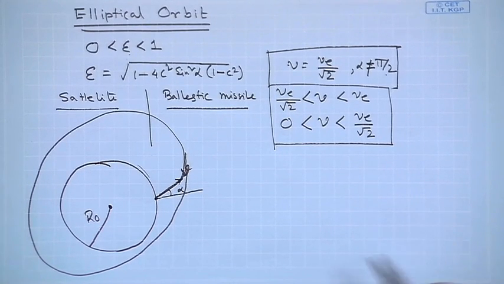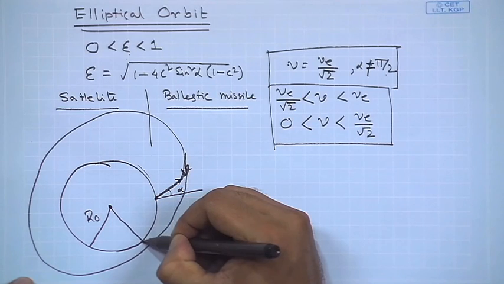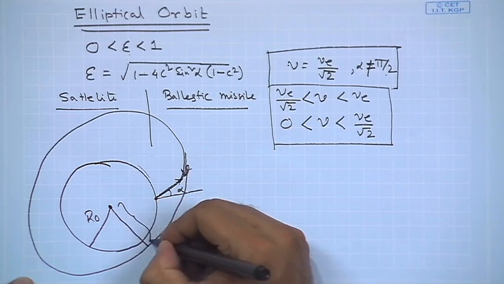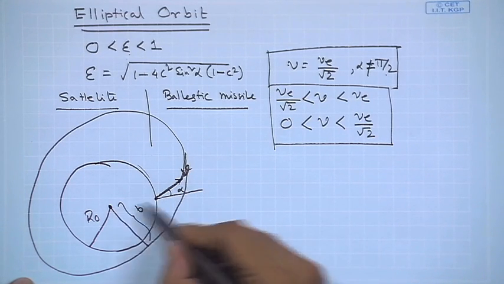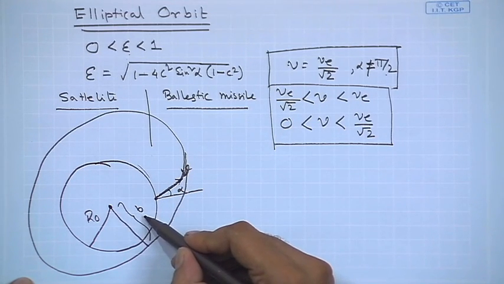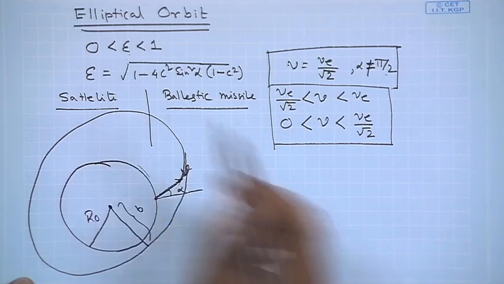Now, if Earth has to be in one of the foci, the shortest distance is given by the length of semi minor axis B. If your shortest R is greater than B, only then it can continue on this orbit and we have a satellite.